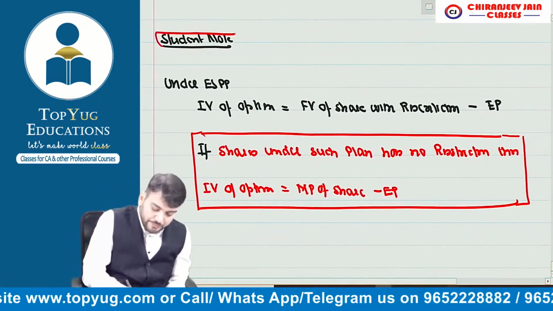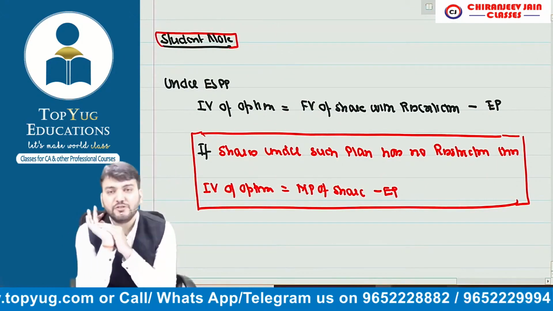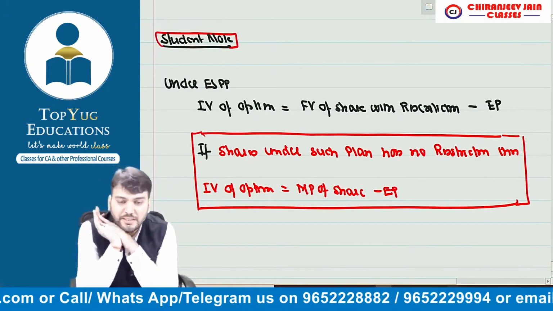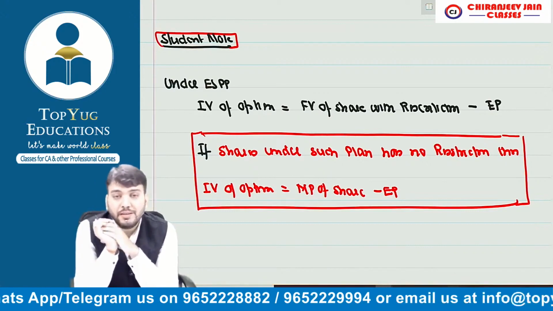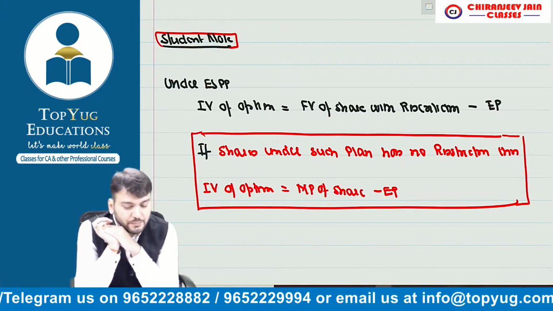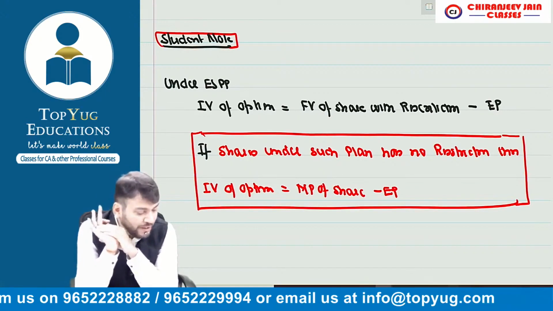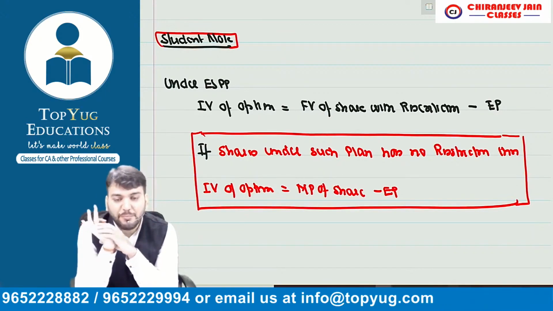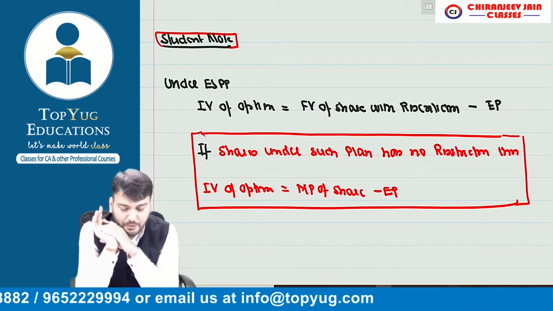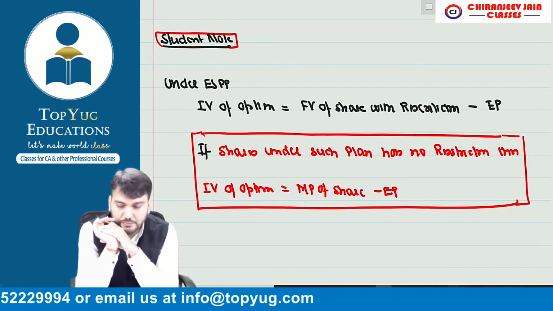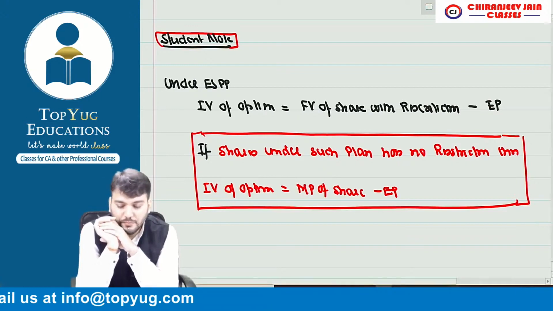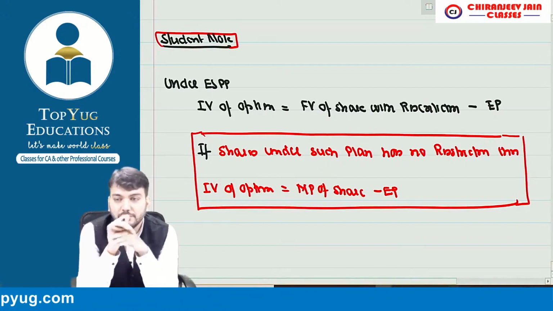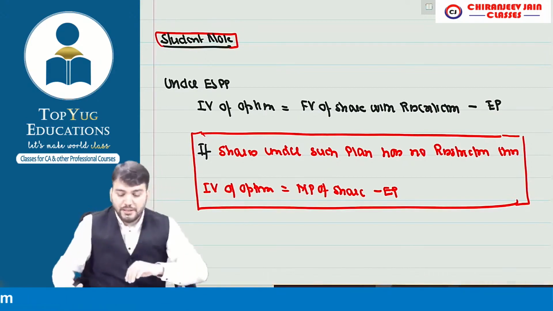Understood this point? So I think all the points are over. The last question also you have understood. So this chapter is completed from my point of view. Any doubt?